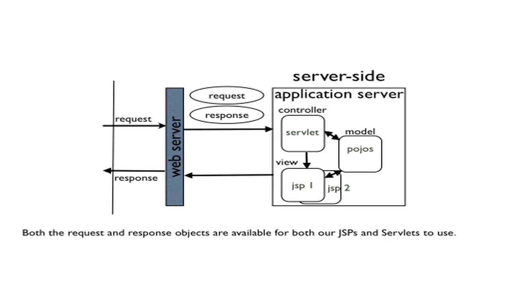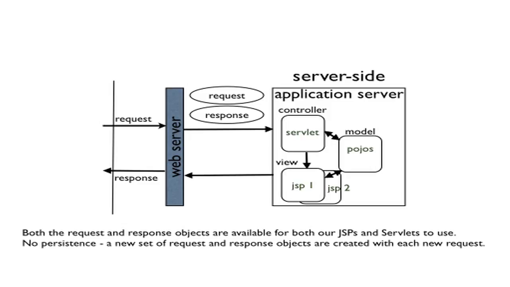So both the request and the response objects are available for both our JSPs and servlets to use. We'll see that the servlet will primarily work with the request, namely getting the values off the request object and other information that's needed, and using those values to determine what needs to happen. The JSP will be primarily concerned with generating the response.